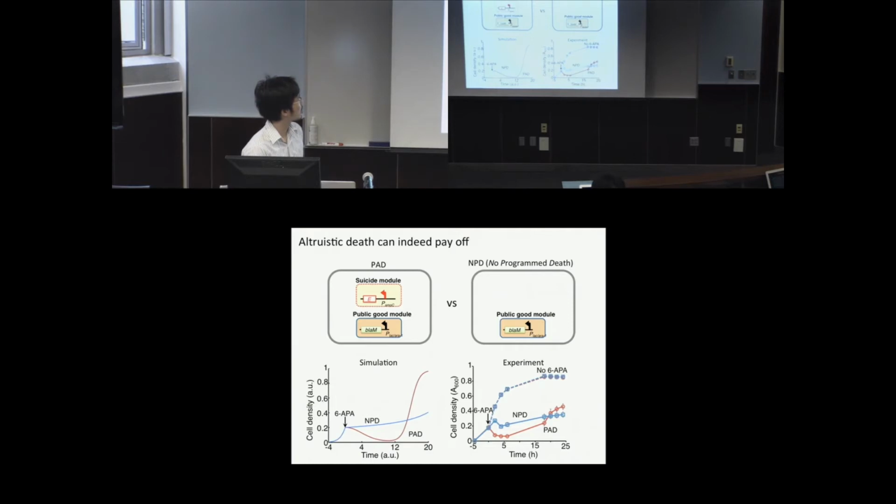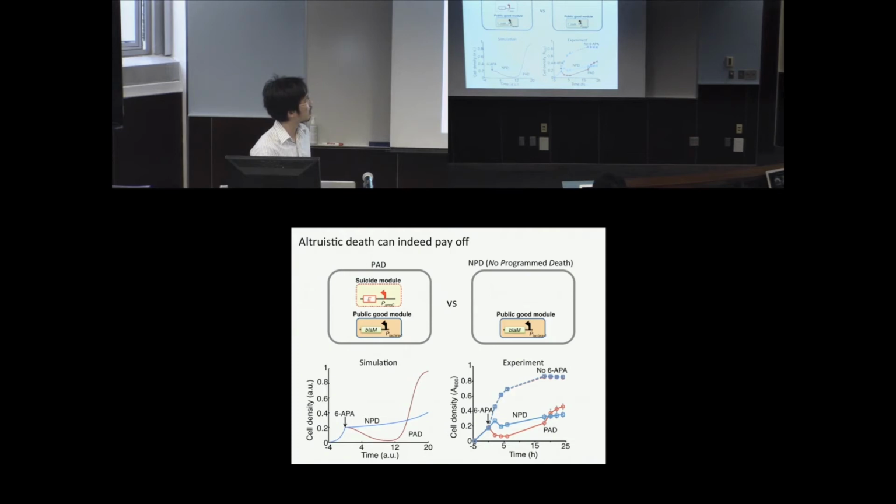The red, again, is the PAT strain. I saw drastic cell lysis upon addition of 6-APA, and it took probably 18 hours to start recovering. The NPD strain lysed a little bit. Again, 6-APA itself is weakly lytic, but it grew very slowly.